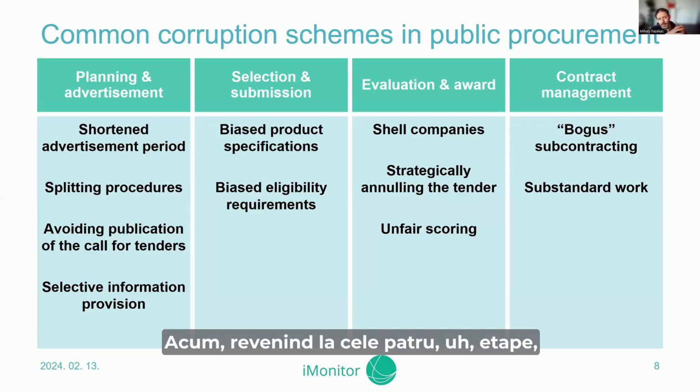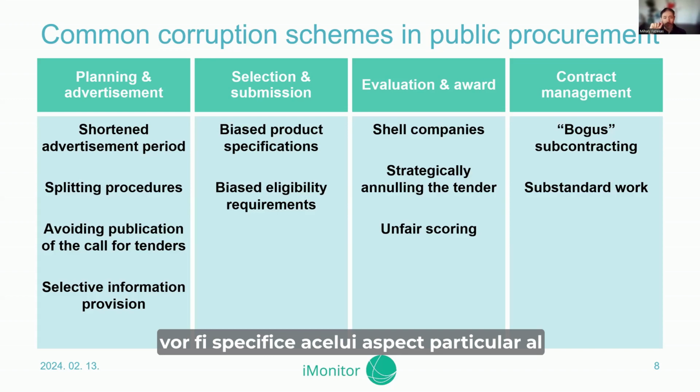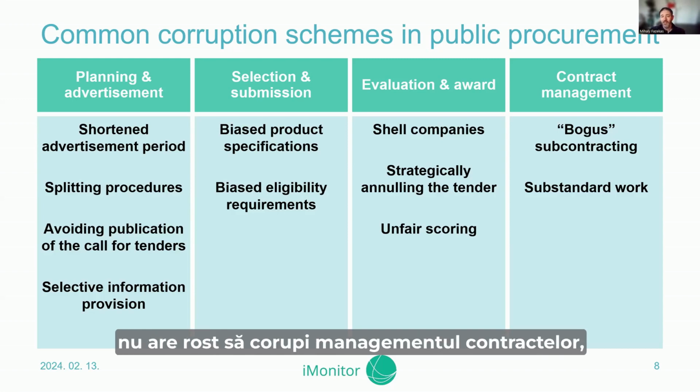Now, going back to the four stages, going back to the definition, how does corruption look like in public procurement? Corrupt schemes or corrupt strategies will be tailored, will be specific to the particular aspect of procurement which is corruptible. Okay, so if a corrupt group can corrupt or bias the selection phase, there's no point in corrupting contract management, because the corrupt deal has been set in stone, it's in the contract, why deviate from it, right?